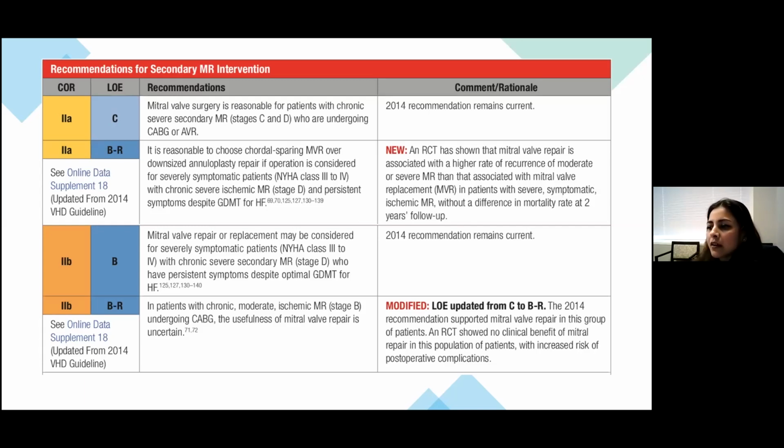The other indications are repair or replacement for severely symptomatic patients with chronic severe MR who have persistent symptoms despite guideline-directed medical therapy. Another one that has been upgraded in level of evidence is chronic moderate ischemic MR undergoing CABG. Usefulness of mitral valve repair is uncertain.